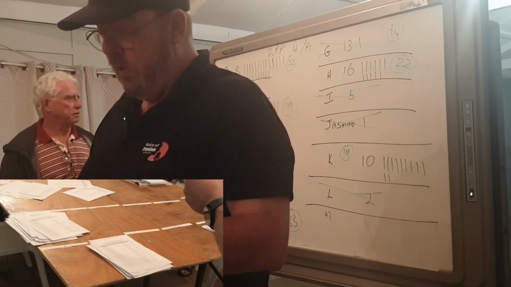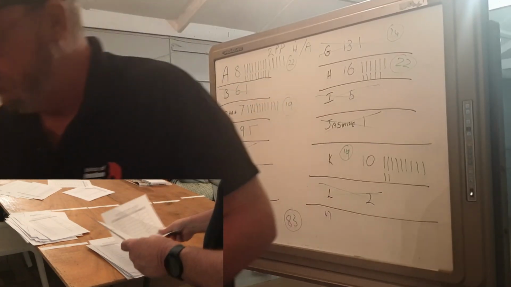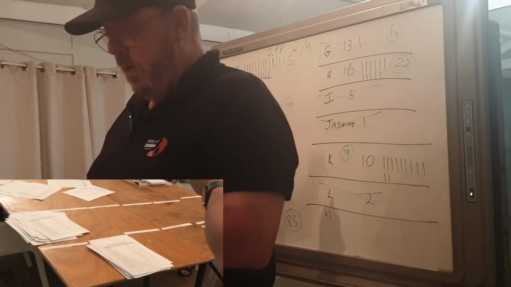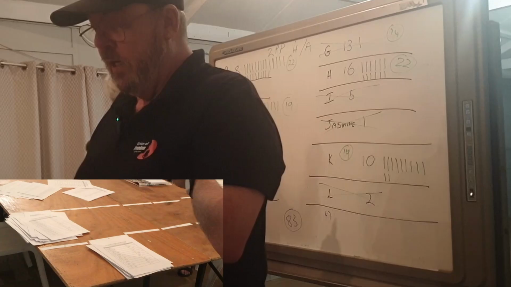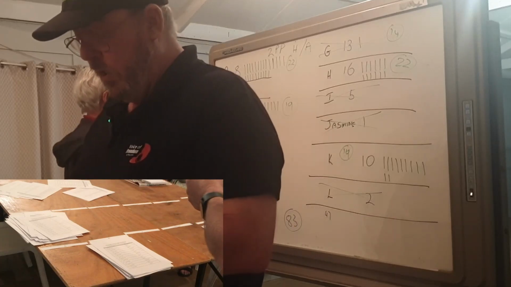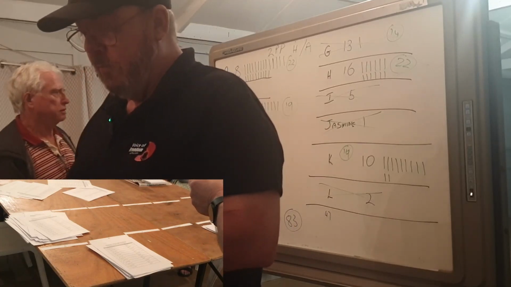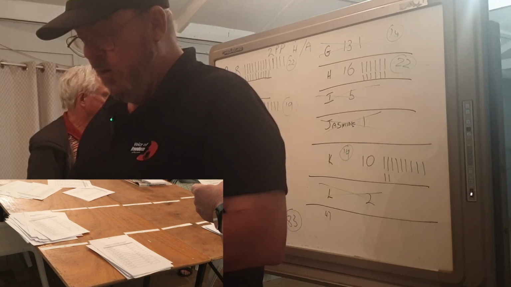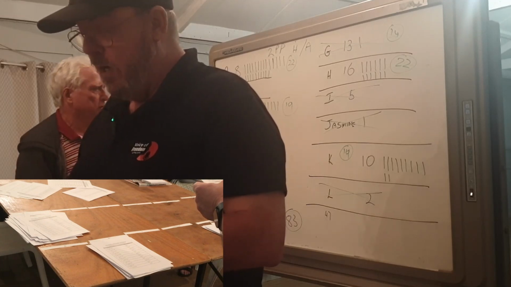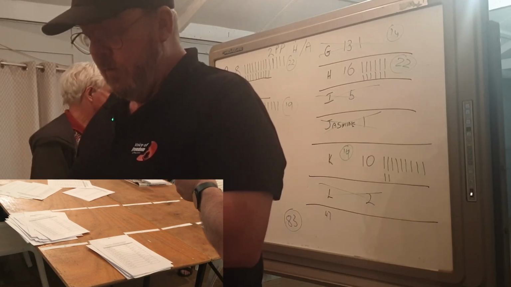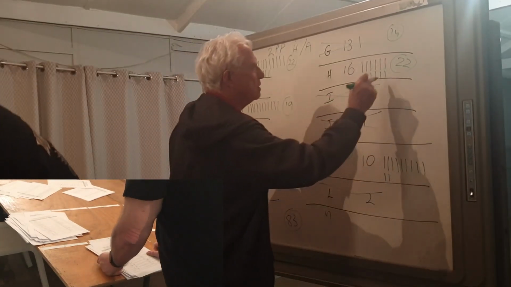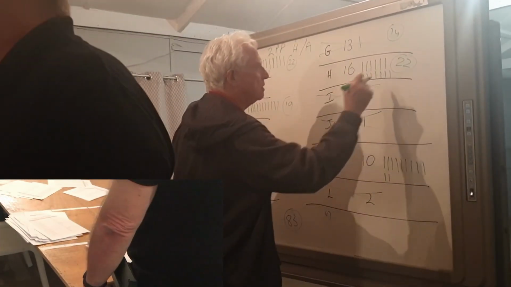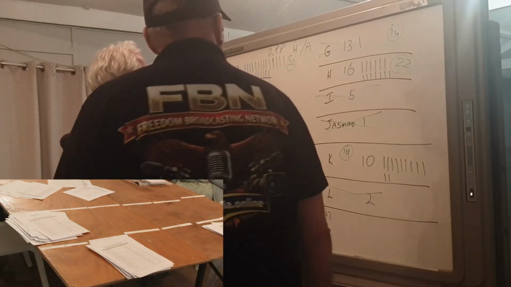Number 2 is party H. And on this one, number 2 is party B. Doesn't exist. Number 3, Jasmine, doesn't exist. Number 4, party L, doesn't exist. Number 5, Fiona, doesn't exist. Number 6, party H. We're getting there. I'll be exhausted by the time this is over and done with.